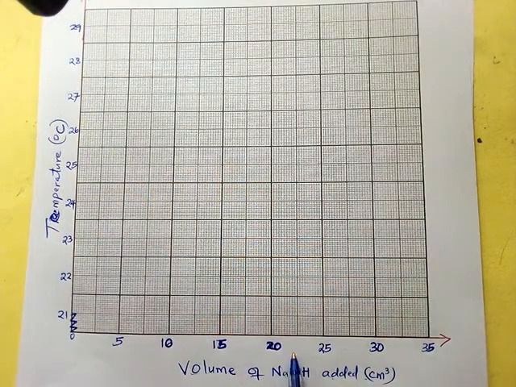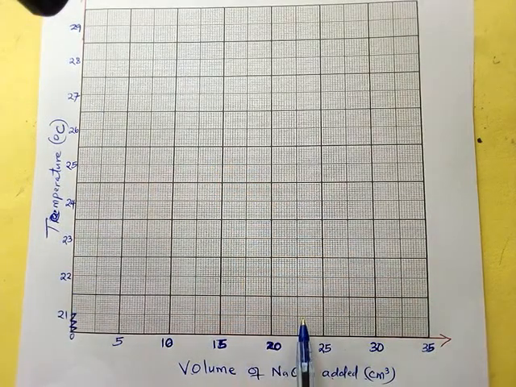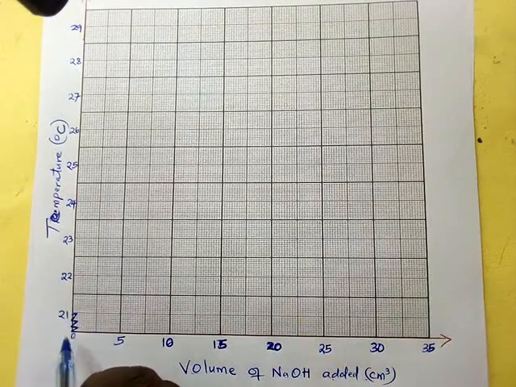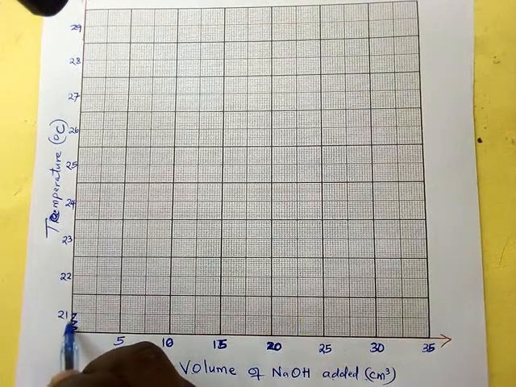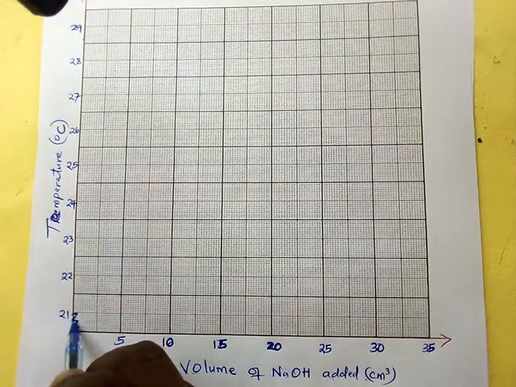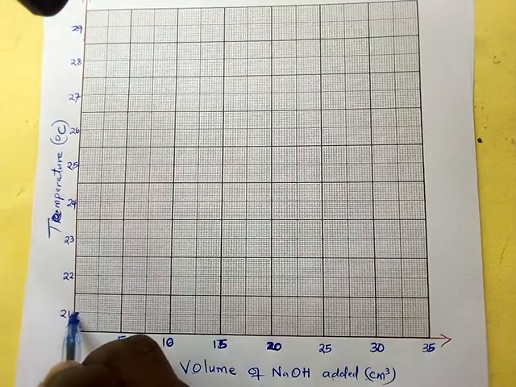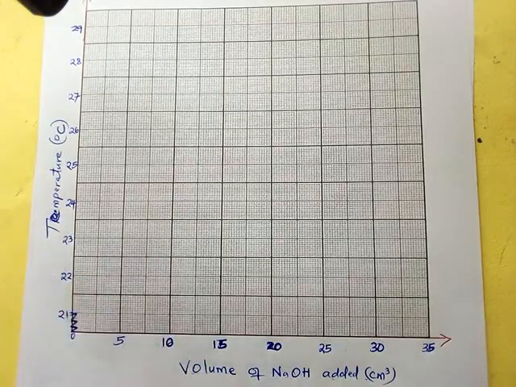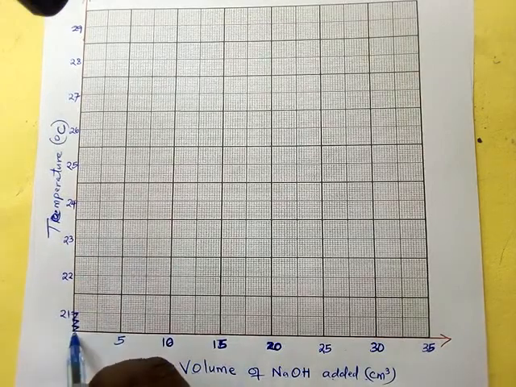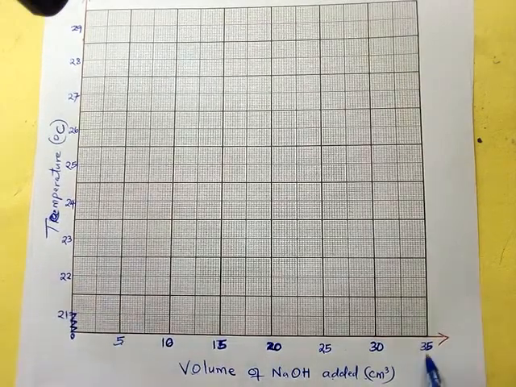You should cover at least 3/4 of the graph provided. Because we start at a temperature around 20 and above, we break the graph. I have broken the graph and started my recording from 21 and then 22 going up. Volume will start at 0 and then 5 to 35.